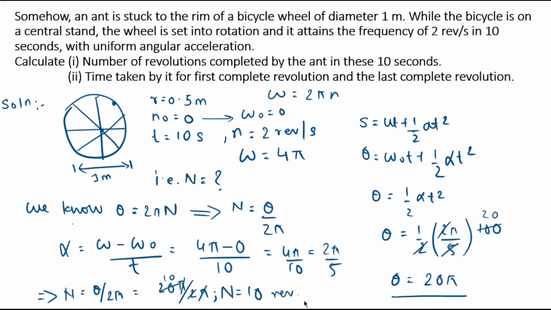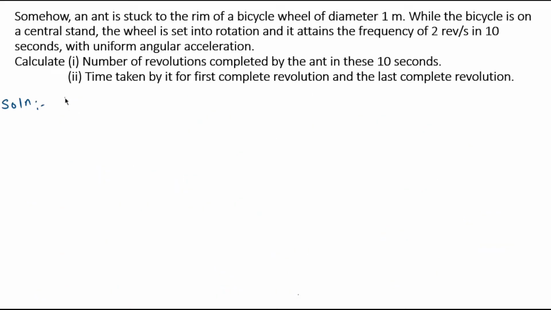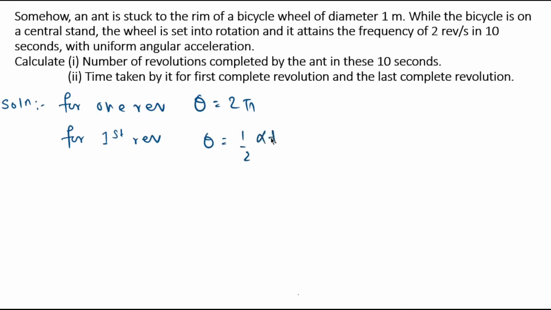Now secondly we need to calculate the time taken by the wheel of the cycle for the first complete revolution and the last complete revolution. We know that for one complete revolution the angular displacement theta will be 2 pi. So for the first revolution, theta is half alpha t square because omega naught t is 0.